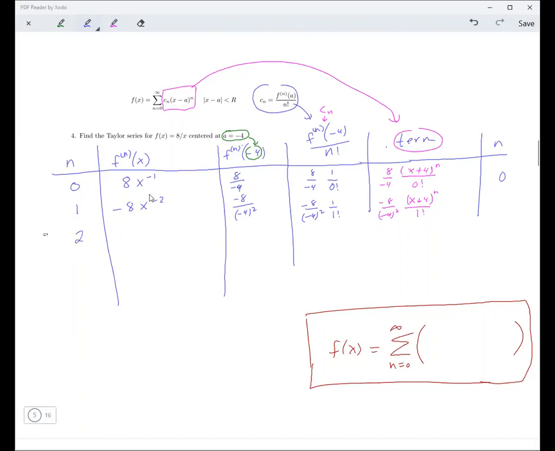And then the next term, when n is 2, you have a negative 2 coming down, so that's going to be negative 8 times, let's say positive, times 2, x to the negative 3. So your nth derivative is going to be like 8 times 2 over negative 4 cubed.